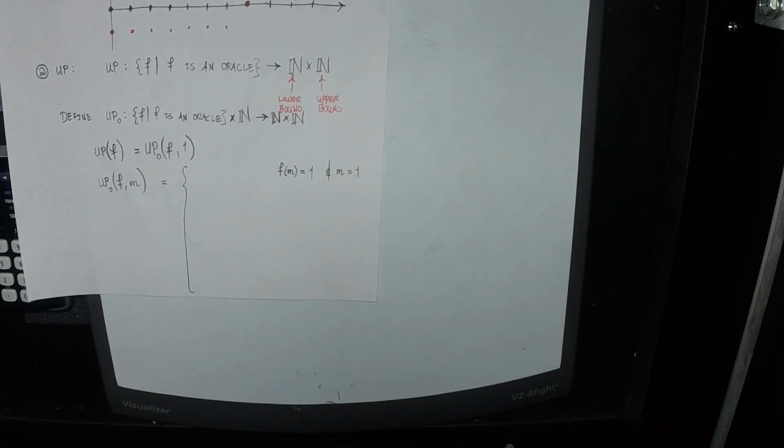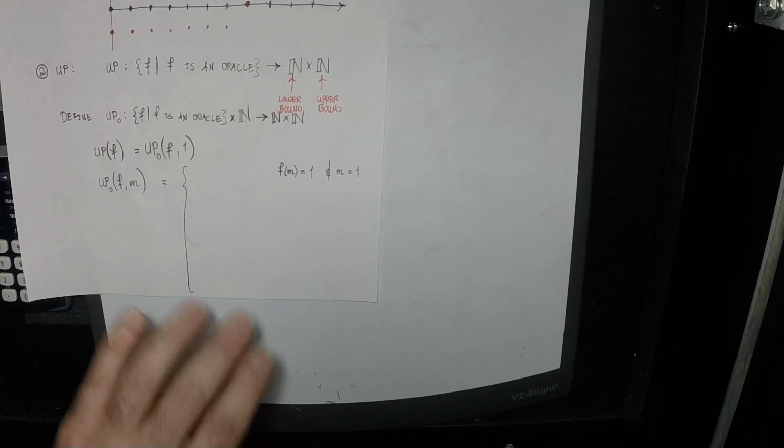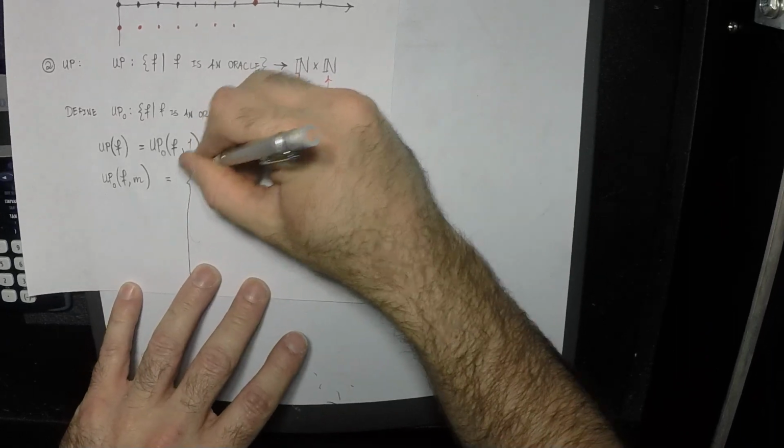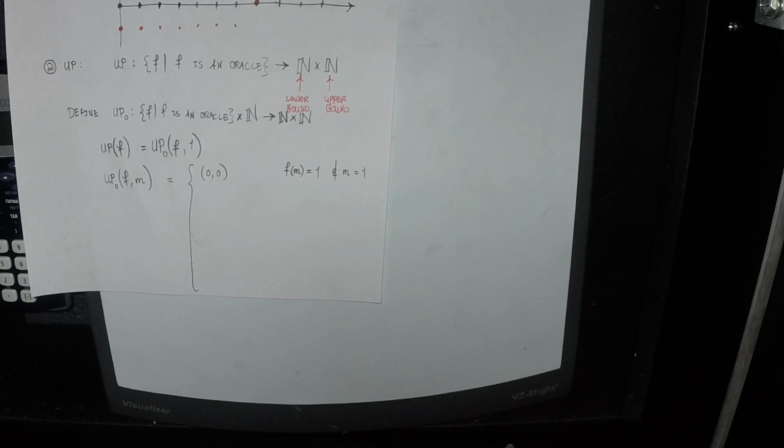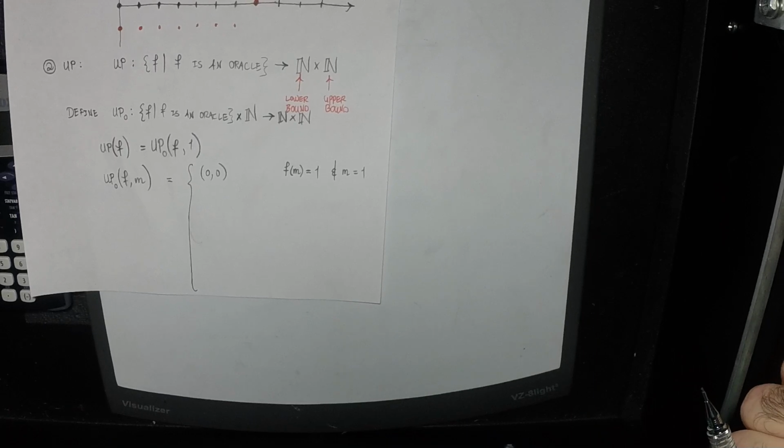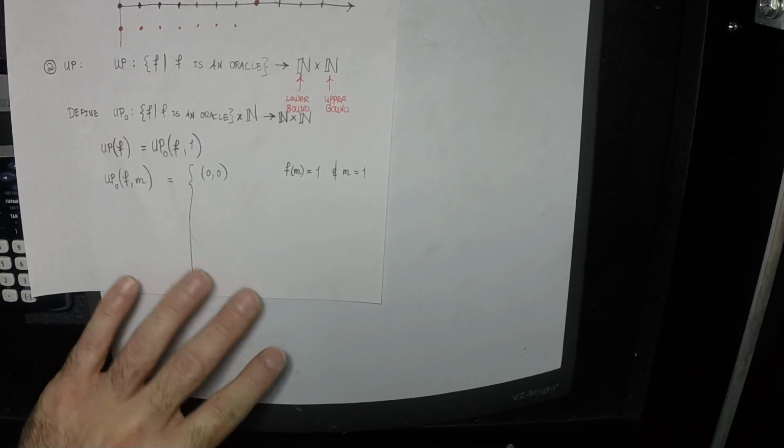You guessed 1, and that's too big. Then I claim we know the answer right now. What's the answer? 0, right? Because the answer has to be a natural, and if you guess 1 and that's too big, then there's only one other natural.